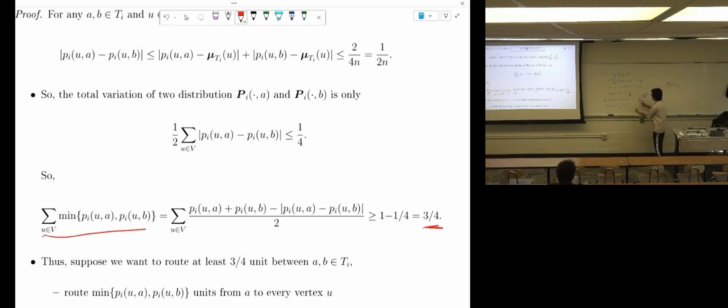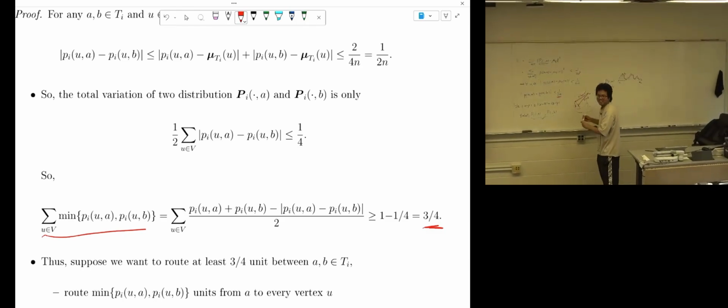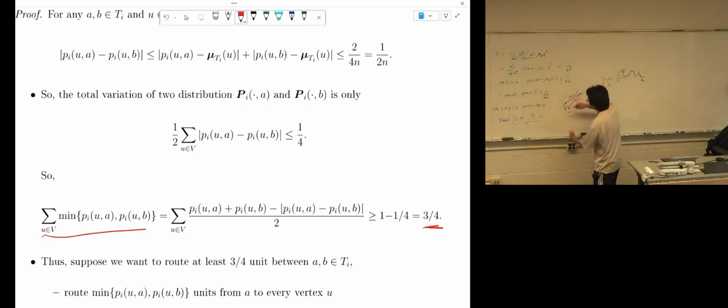But this is an undirected graph, so if I want to send flow from A to B, I can just reverse the flow here and go here. By how much? Just take the minimum of these two. The congestion is going to be just still 1.